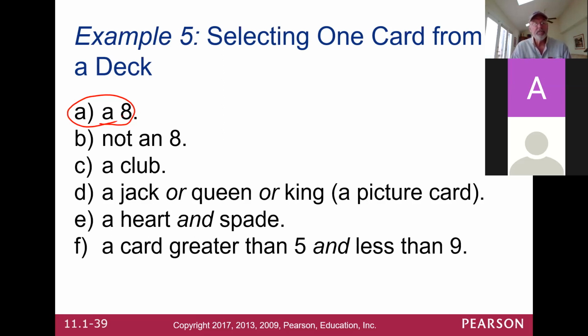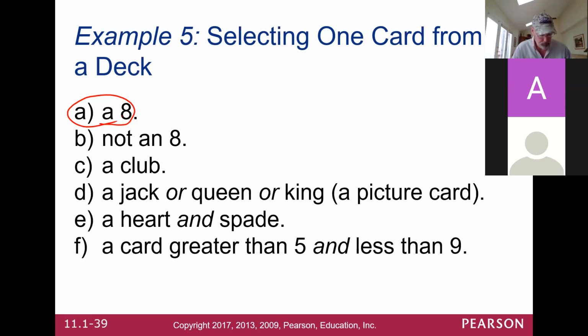Okay. So what is the probability of selecting a jack or a queen or a king? So those are the three what are called face cards or picture cards.